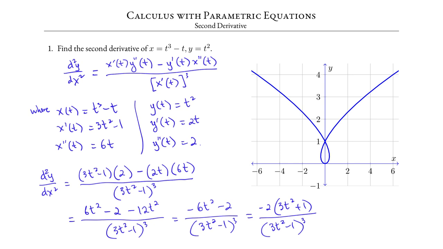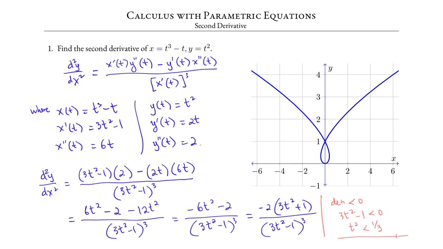Notice that 3t squared plus 1 is always positive, times negative 2, so the numerator is always negative. The denominator is negative only when 3t squared minus 1 is negative, or when t squared is less than 1/3.